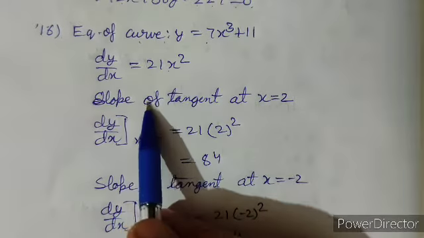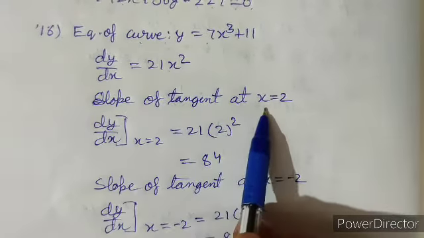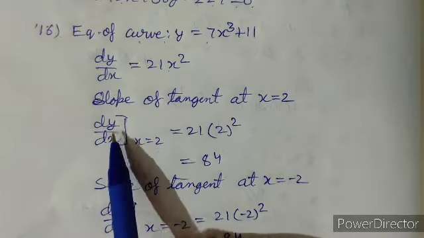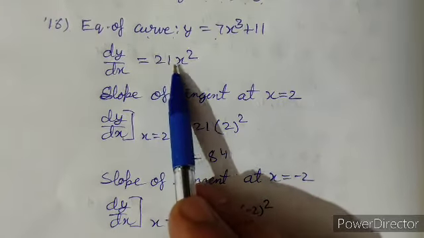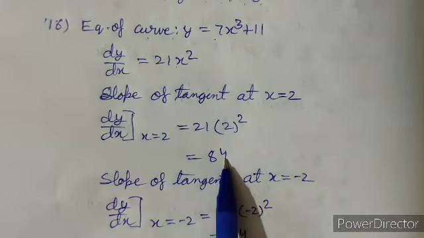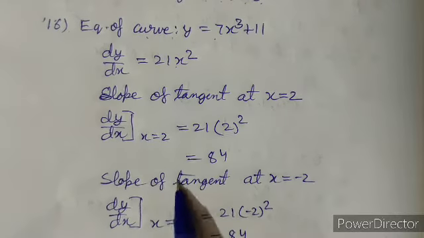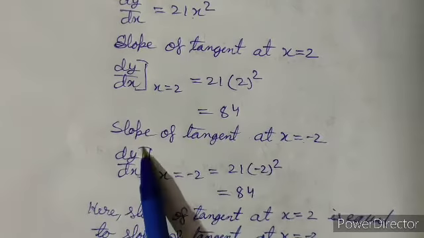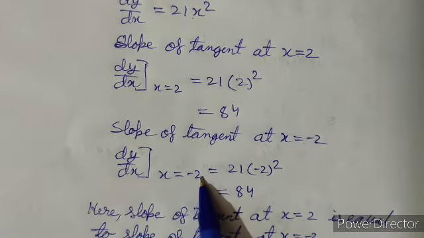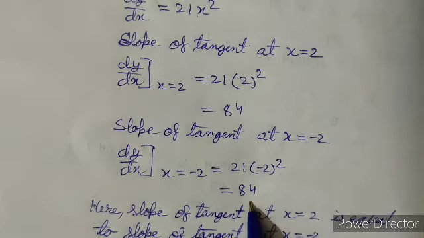Now the slope of the tangent at x equal to 2 will be given by dy by dx at x equal to 2. That will be 21 into 2 square, and that is equal to 84. Similarly, the slope of the tangent at x equal to minus 2 will be dy by dx at x equal to minus 2, and that is again equal to 84.